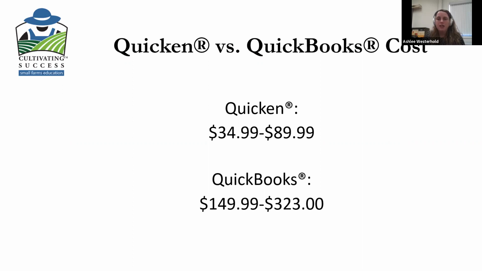When we think of Quicken versus QuickBooks, Quicken can range from about $35 to $90, whereas QuickBooks Desktop Pro, I just bought it, was $179.99 at Office Depot, and it can range depending on adding payroll. But the Desktop Pro version, they say, needs updated every 3 to 5 years.